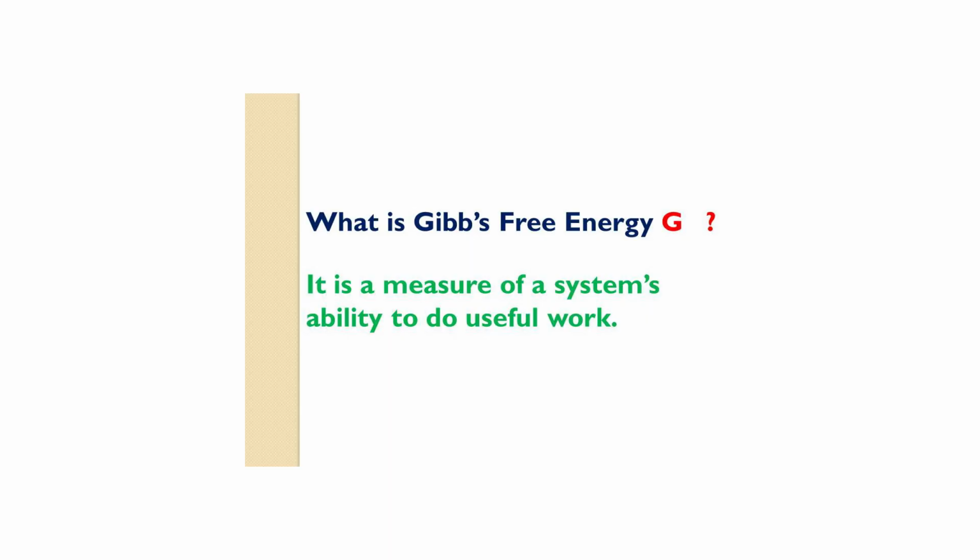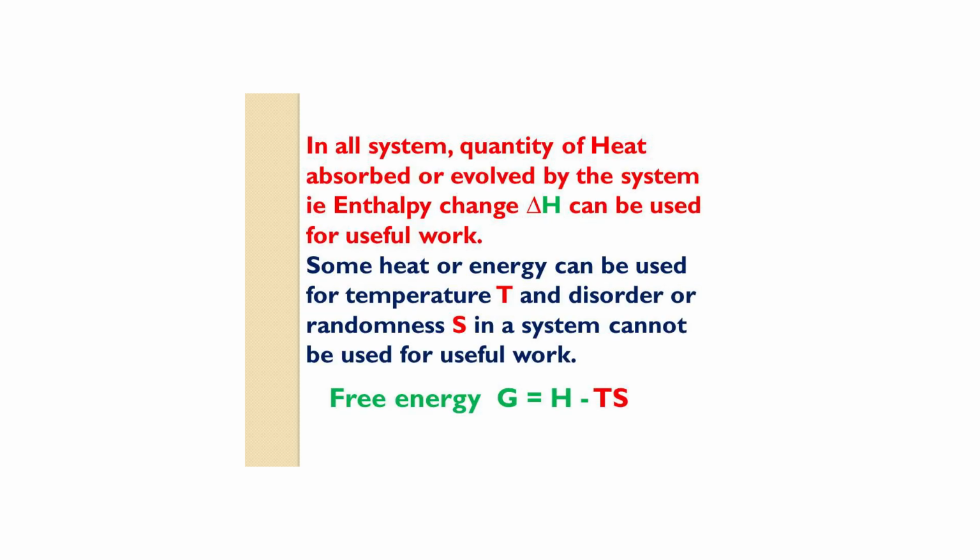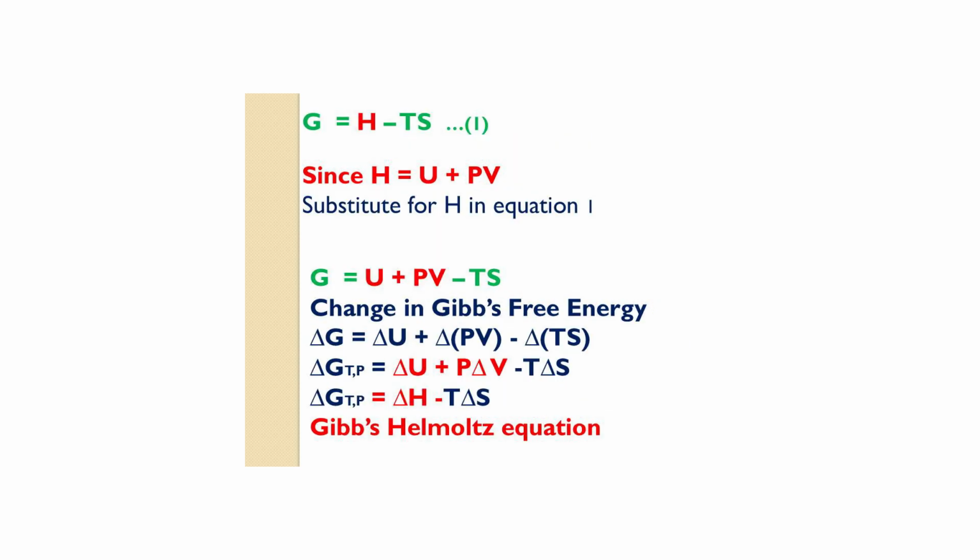It is a measure of the system's ability to do useful work. Here, some heat energy is used for the temperature and disorder in a system. The equation of Gibbs free energy is G is equal to H minus TS, equation number 1.